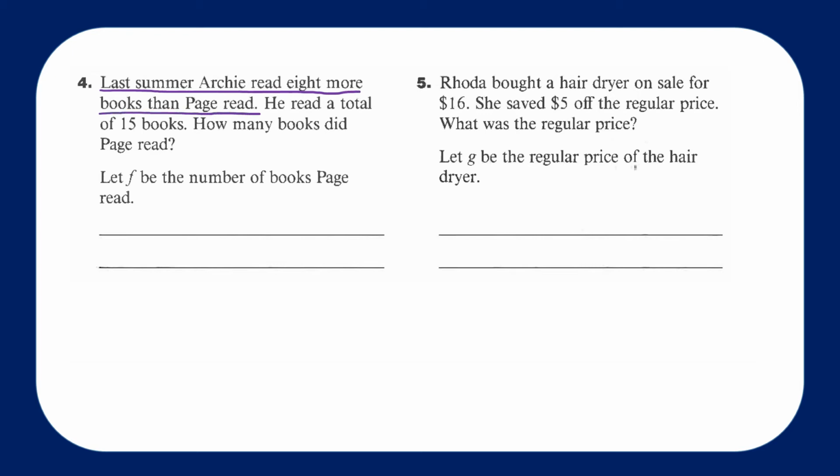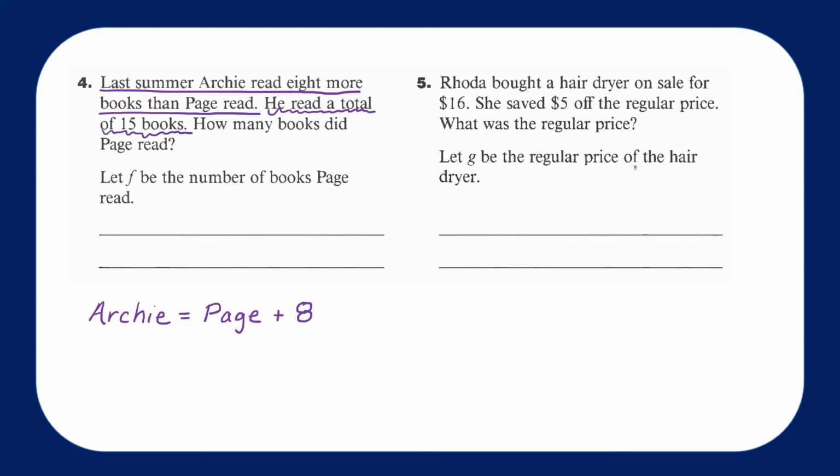Last summer, Archie read 8 more books than Paige read. So I'm going to say that what Archie read equals what Paige read plus 8. Okay? Now, he read a total of 15 books.